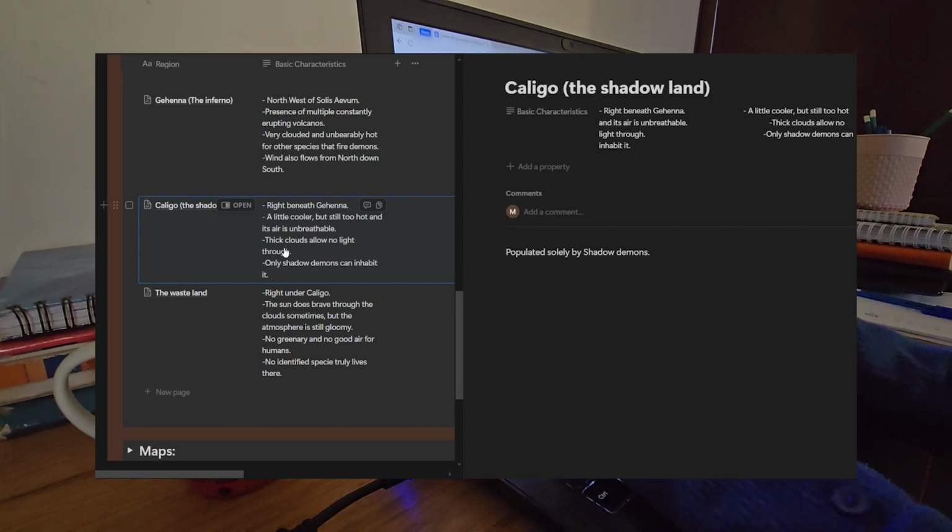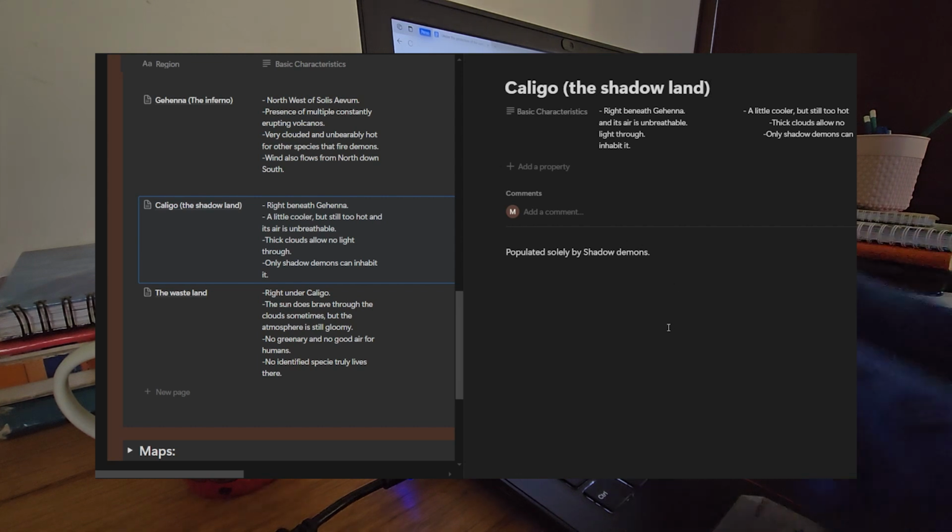The temperature is lower than in Gehenna, but the air would be unbreathable for humans and many others. The only creatures that would bear to live there would be shadow demons. They can't stand natural light at all, meaning neither the sun nor the moon. Caligo is the only place for them.